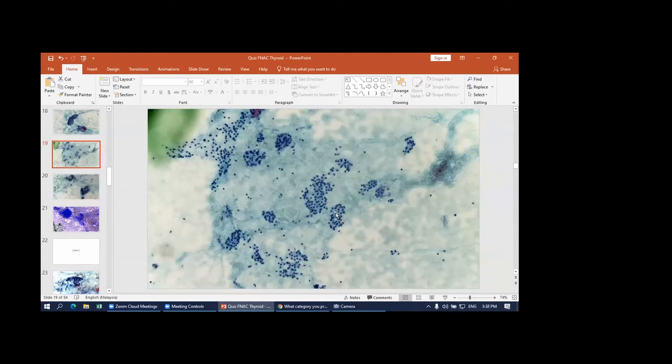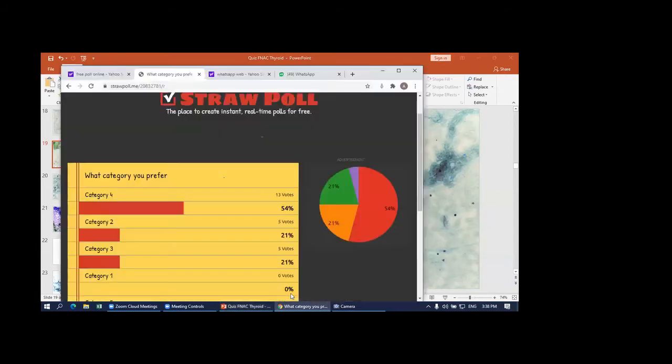This is where macrofollicles and microfollicles give you the cutoff point. If you have a little bit more microfollicles, you might want to opt for AUS or FLUS. But when there's a lot more macrofollicles than microfollicles, and the follicular cells are benign looking, then you opt for category 2. So even though the majority of you said category 4, this is a category 2 case.